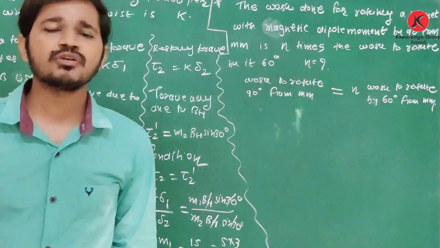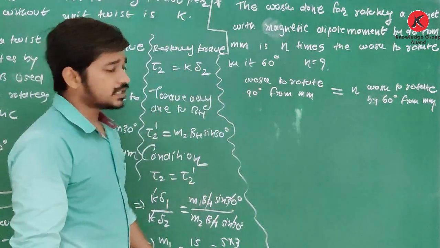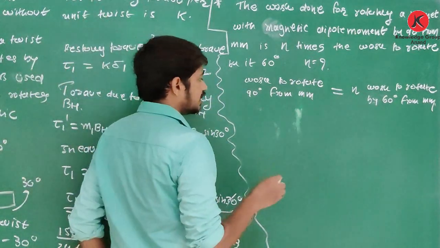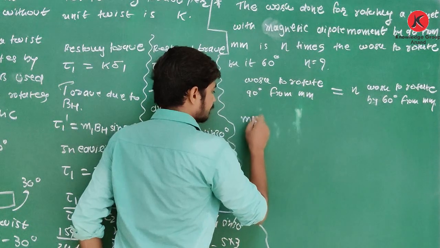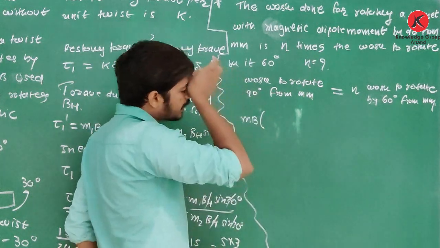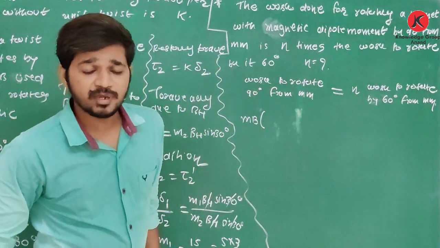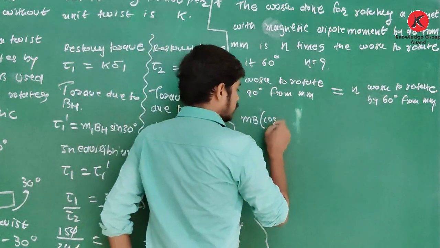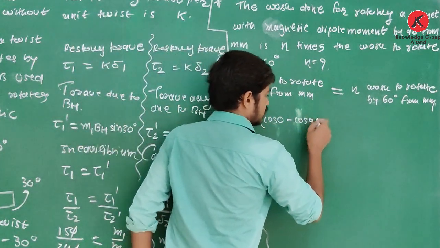Okay, we know what is the equation of work done. It carries MB cos theta 1 minus cos theta 2. In magnetic meridian it makes angle 0, so it is cos 0 minus cos 90.